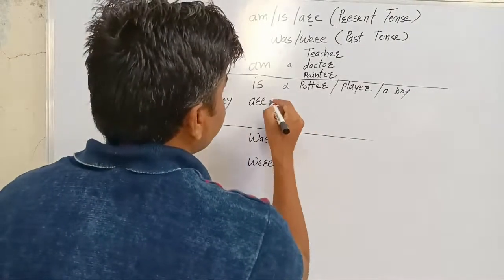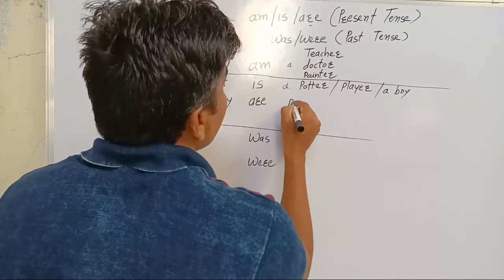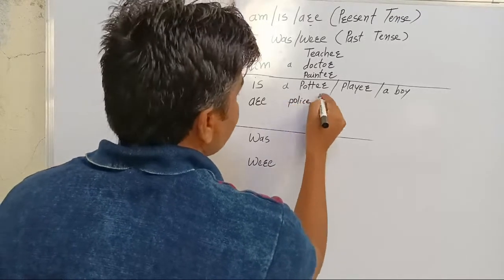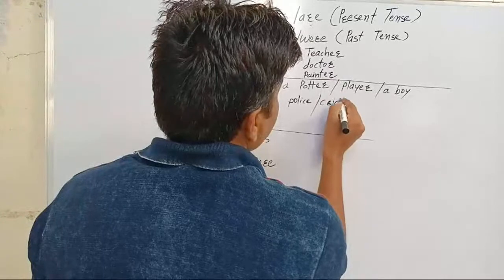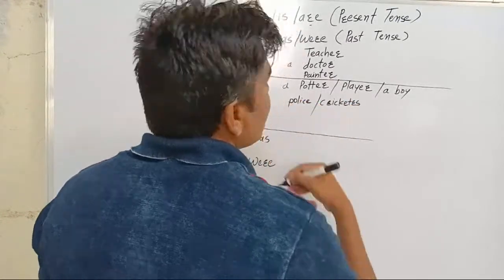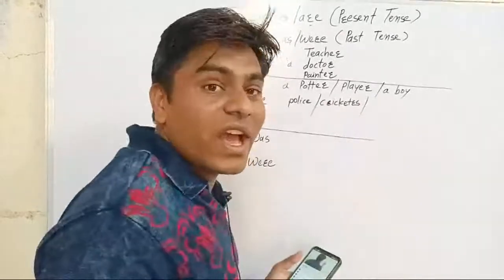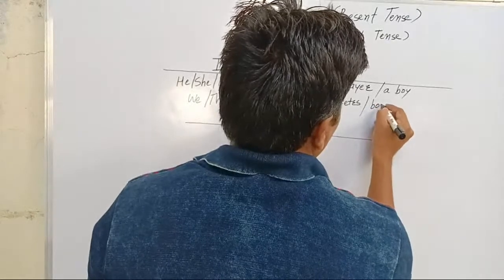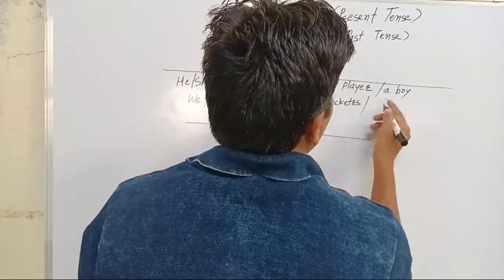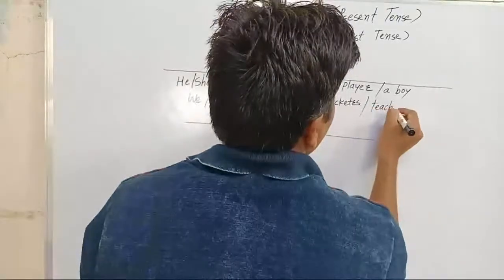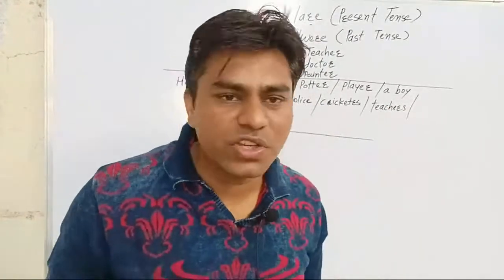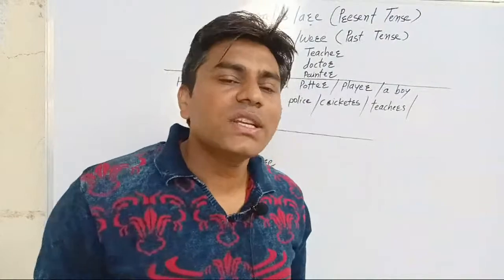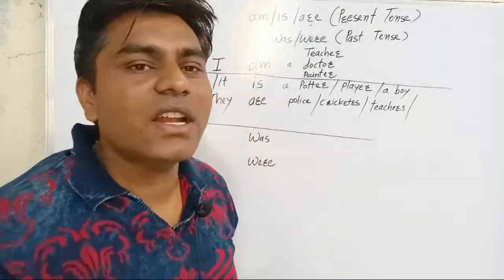They are police, or you can say they are educators, or they are teachers, or they are doctors, they are advocates, they are engineers, and all that. So these types of sentences you can make.